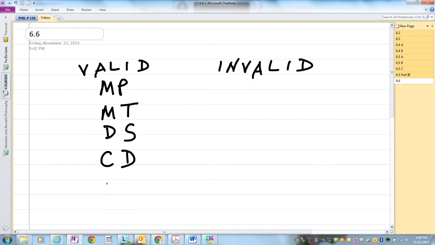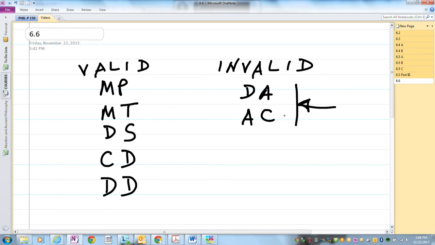There's also destructive dilemma, DD. So these forms are all valid. What is invalid is only denying the antecedent, DA, and affirming the consequent. Okay, so these two forms are invalid. We'll learn about them, but we learn about them to avoid them.